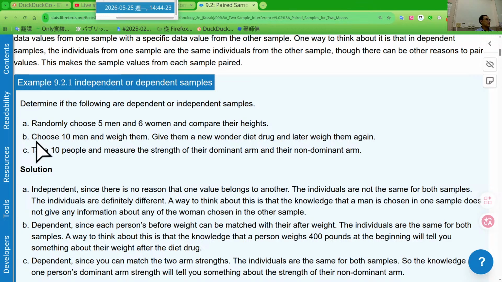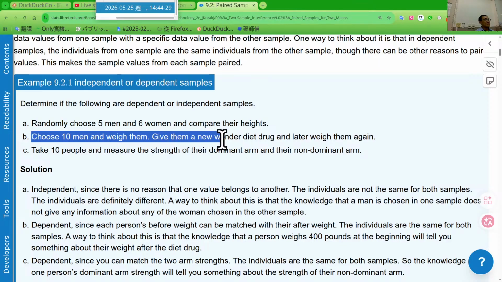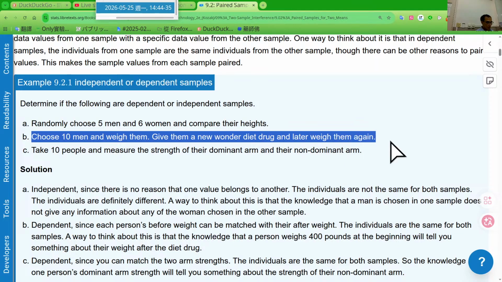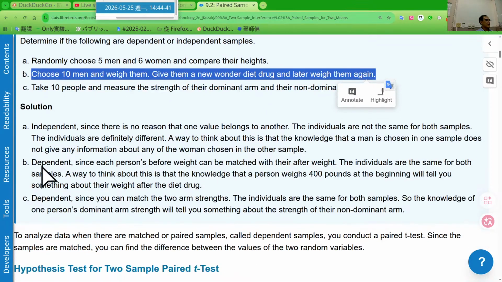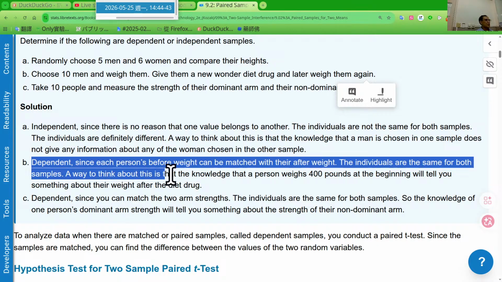Okay. Second question, choose 10 men and weigh them. Give them a new wonder diet drug and later weigh them again. They have found a special drug for dieting. Okay. Dependent, since each person's before weight can be matched with their after weight.